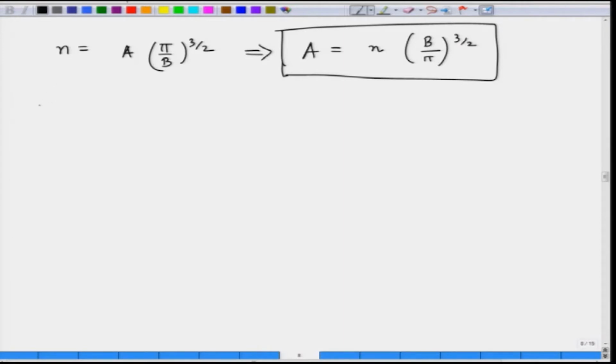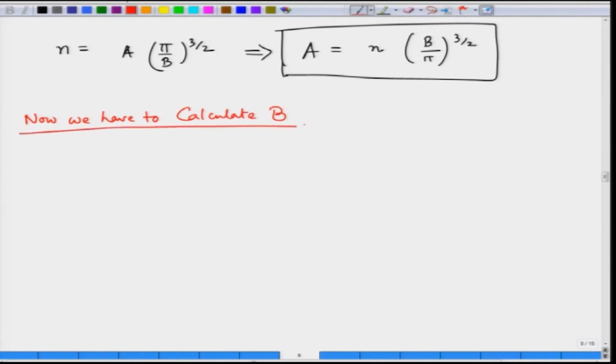Now for that we have to use our concept of kinetic theory and the kinetic definition of pressure. Now we have to calculate b.